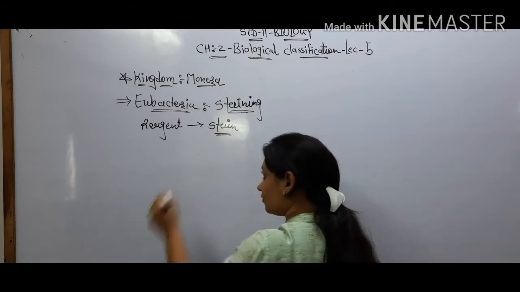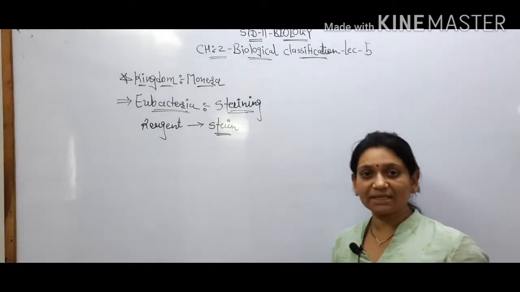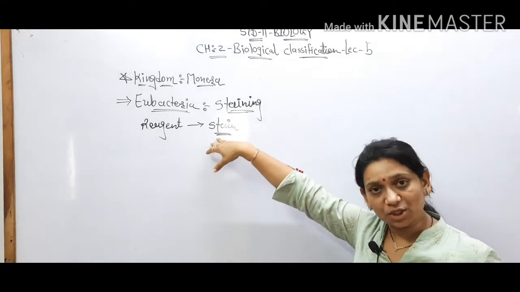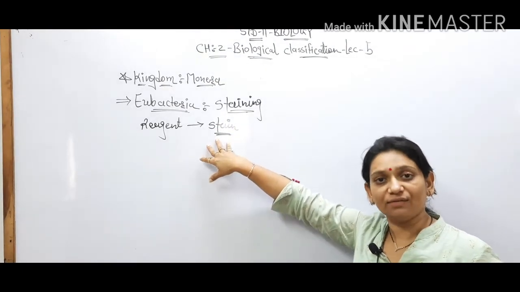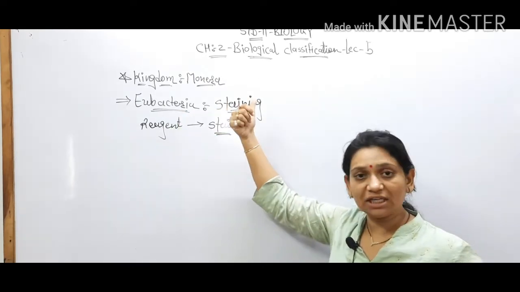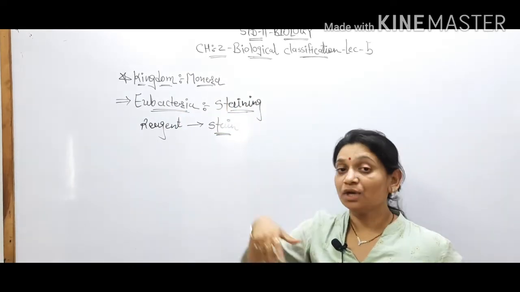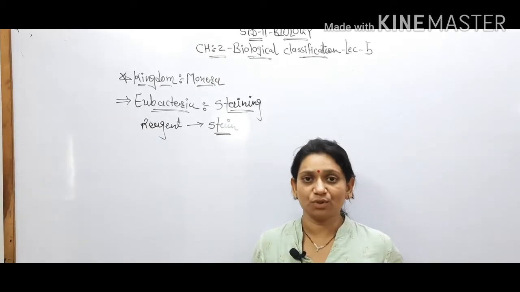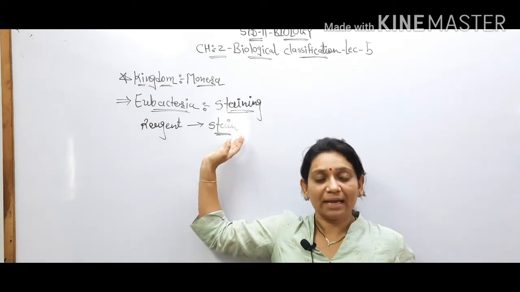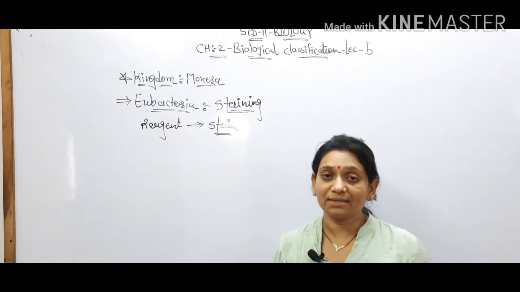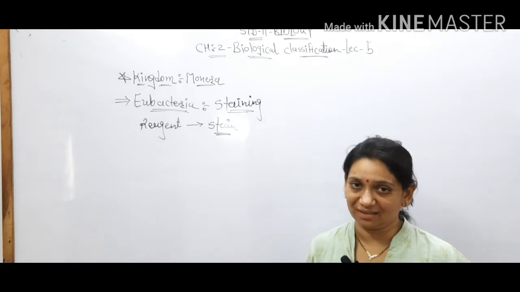Fine. First, a scientist named Gram made a stain, developed a coloring reagent, and tried staining all the eubacteria with it. But amongst them only some absorbed this gram stain and turned blue, and they are known as the gram positive bacteria.